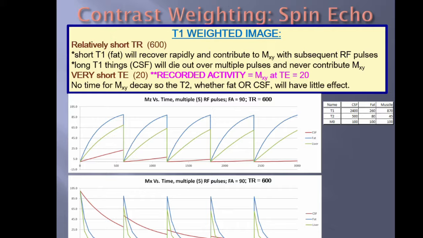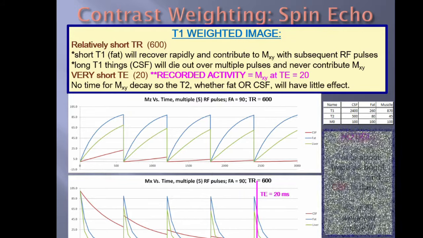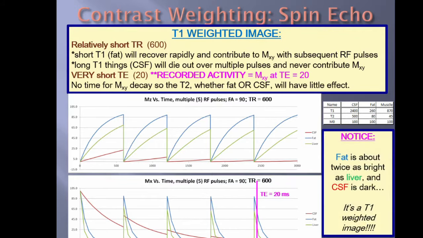Notice still though, if you waited a really long TE, there's actually more CSF signal than other stuff, even though you're starting with next to nothing. Okay, so now remember for a T1 sequence, we have to select a short TE, right? So an echo time of 20 milliseconds will give us this, right? And this works perfectly, right?